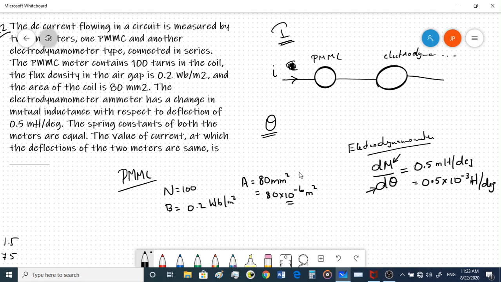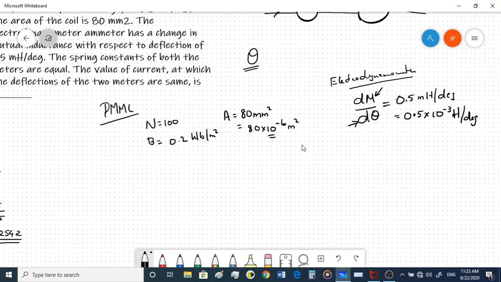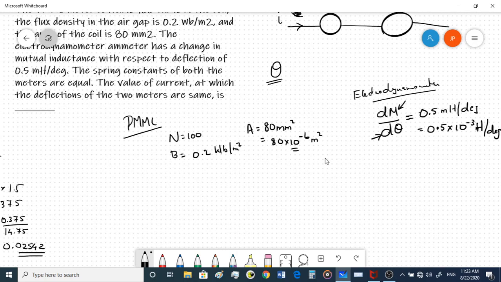Now let's look at what are the equations for the deflection, right? So in PMMC, the deflection angle theta is given by theta is equal to NBA divided by K into I, right?